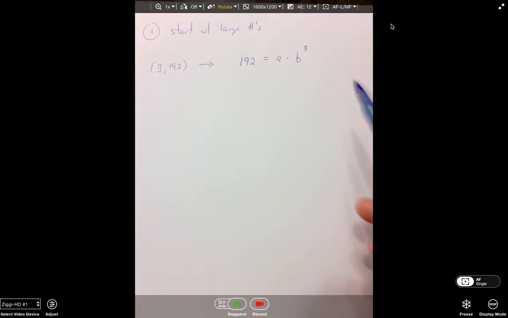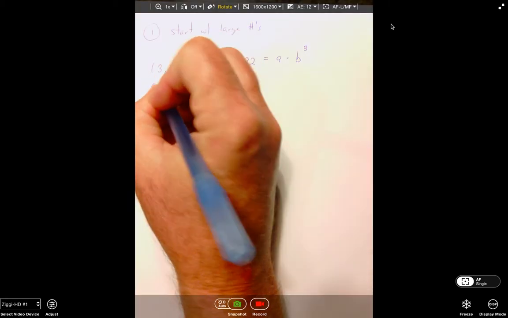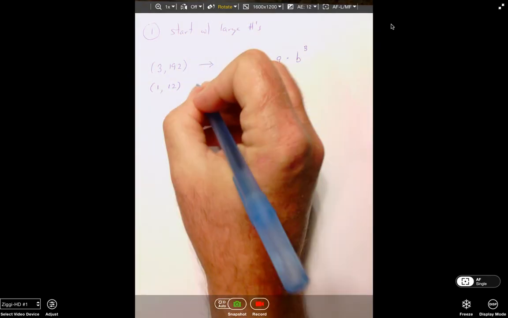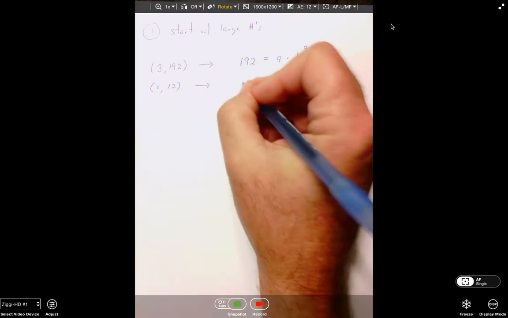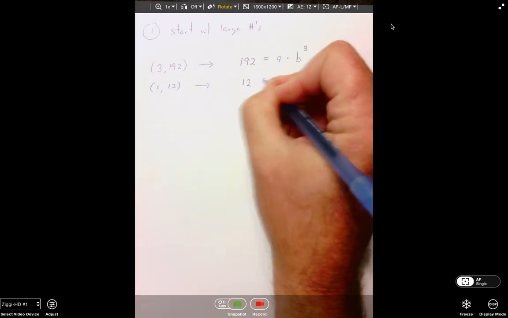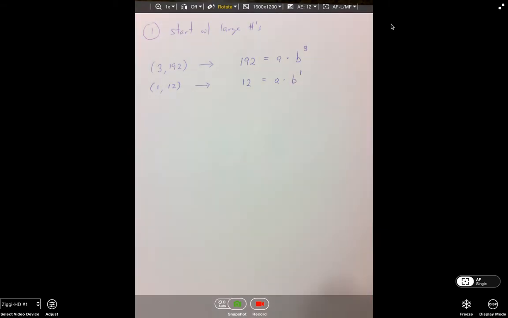Okay? Next thing I'm going to do is look at my next number, which is (1, 12). So what do I know here? I know that my y is 12. I don't know my a, I don't know my b, but I know 12 equals a times b to the 1st power.